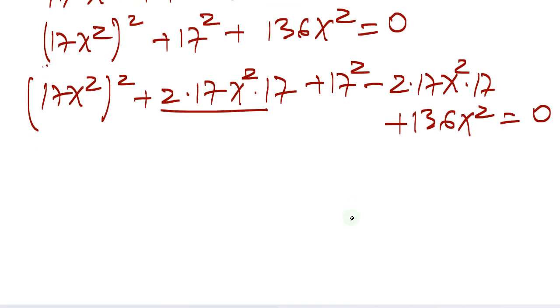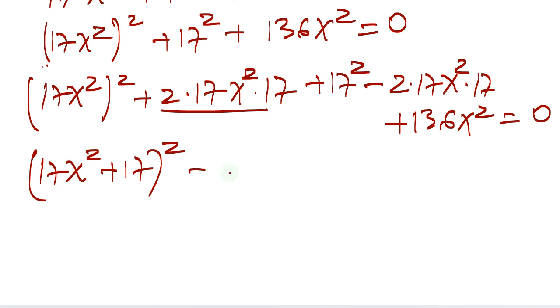So now we have a perfect square here. So from here I have 17x squared plus 17, all to the power of 2, and multiplying and subtracting, minus 34 x squared plus 136 x squared equals 0.